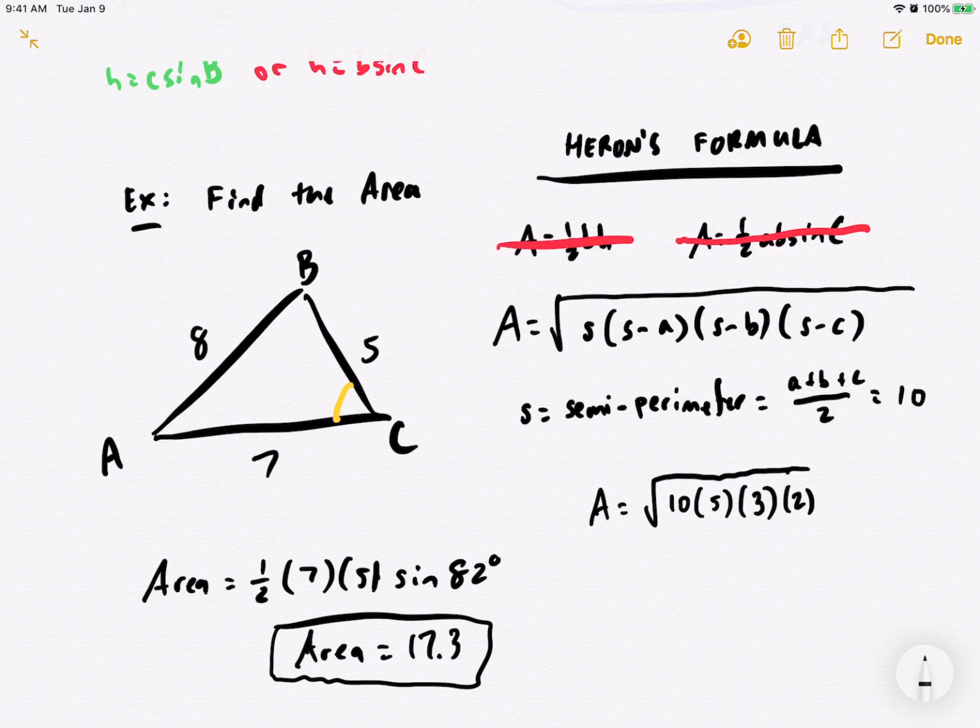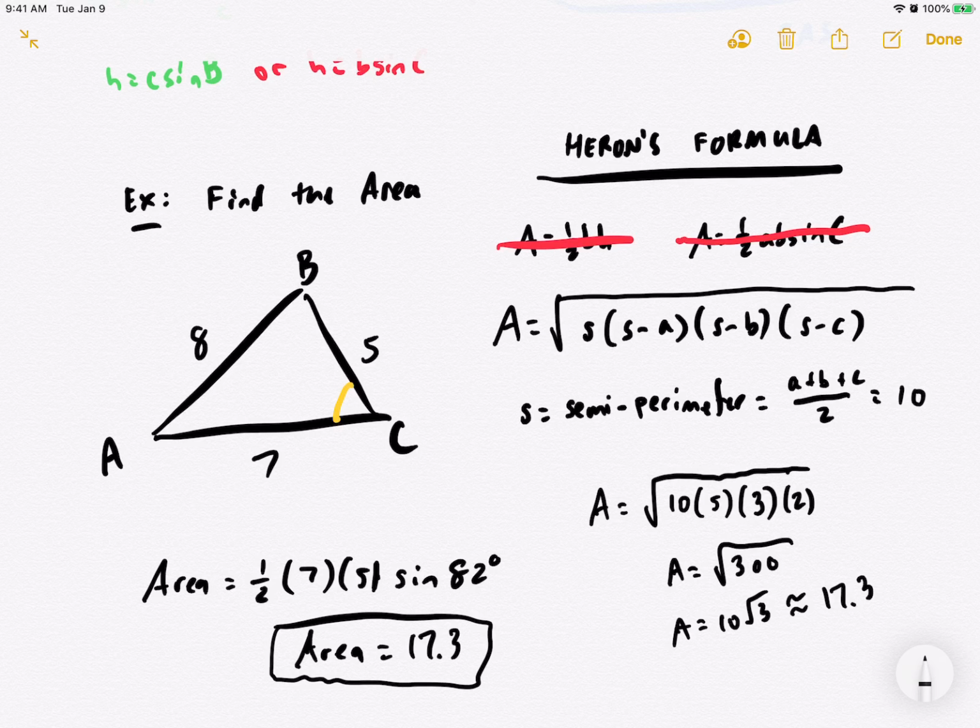So it's the square root of 300. And lo and behold, the square root of 300 we could write exactly as 10 root 3, or approximately as 17.3 units squared. That's Heron's formula, and it's really useful when you have 3 sides of a triangle.